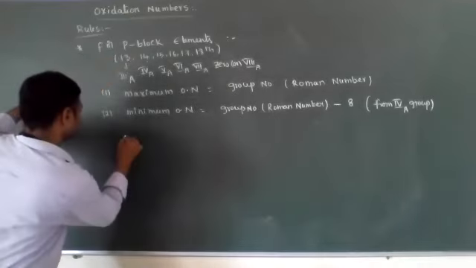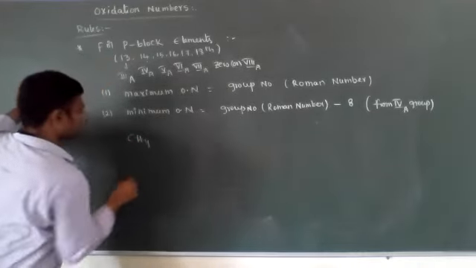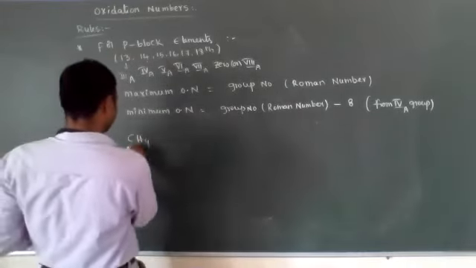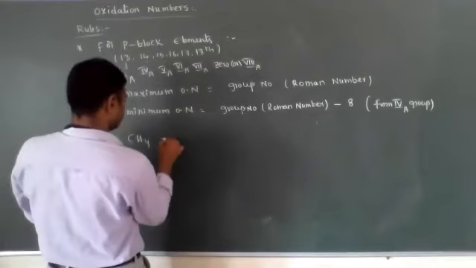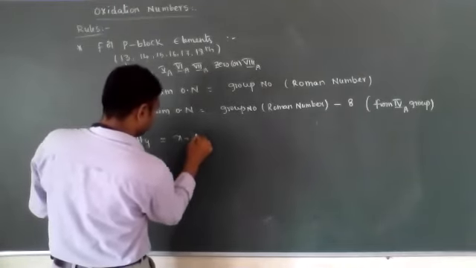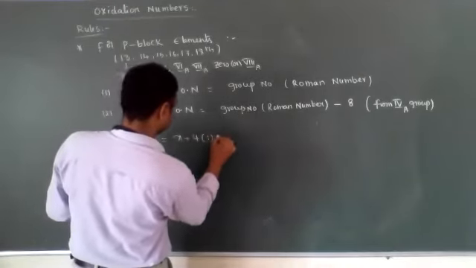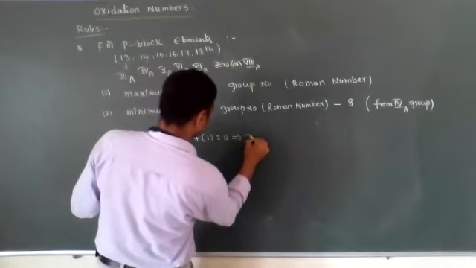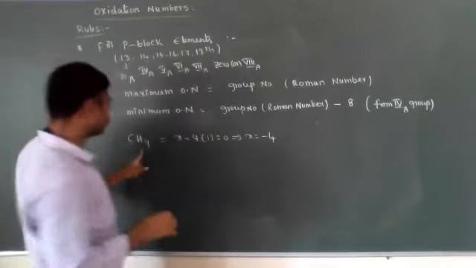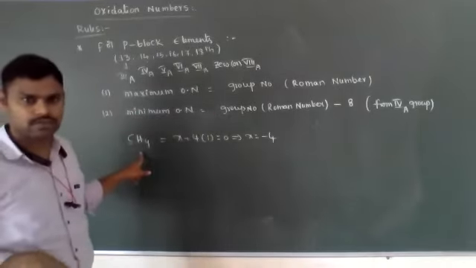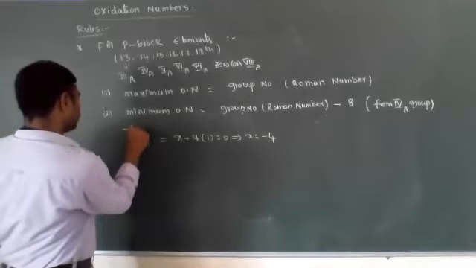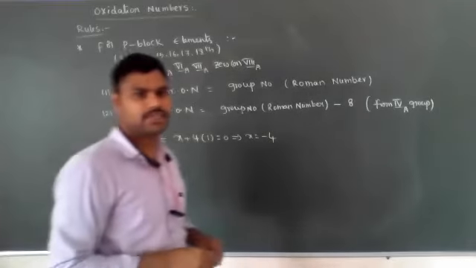For example, take CH4. What is the carbon oxidation state? Let it be X; X plus 4 into 1 is equal to 0. Then X is equal to minus 4, because hydrogen's oxidation number is plus 1. So carbon's lowest oxidation number is minus 4.